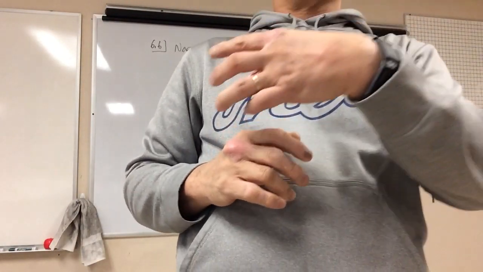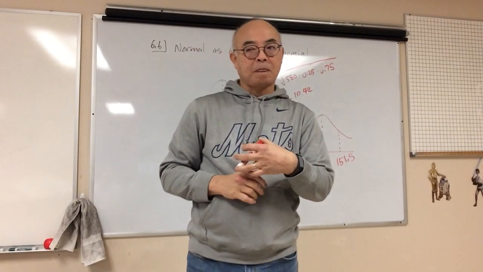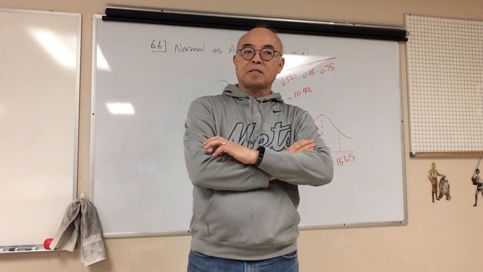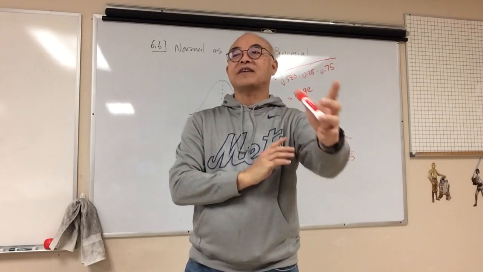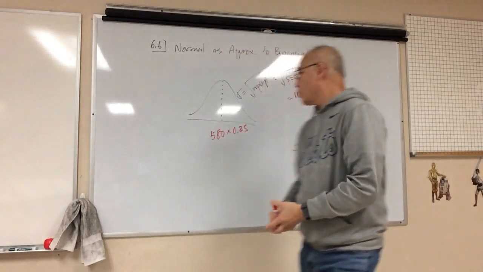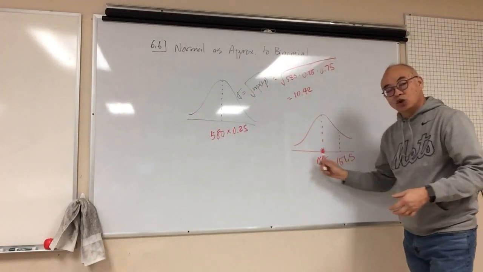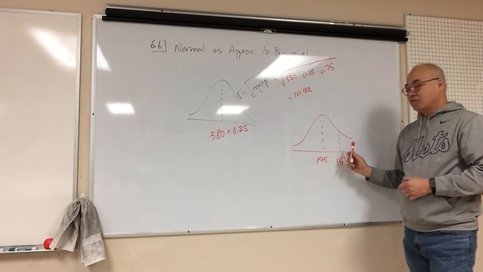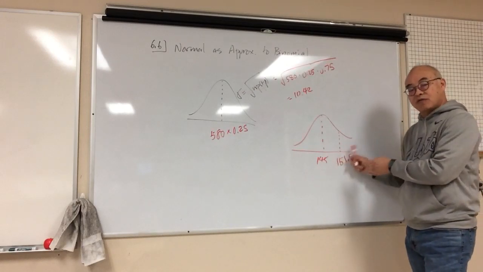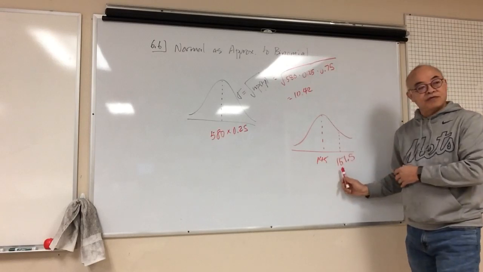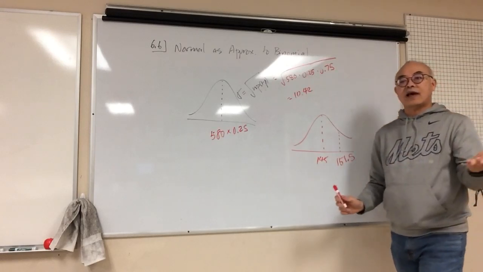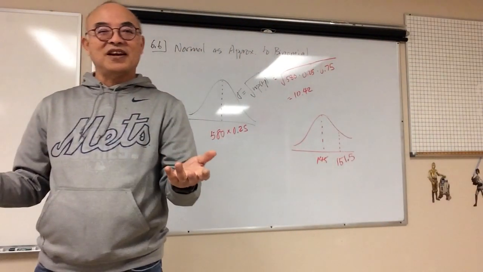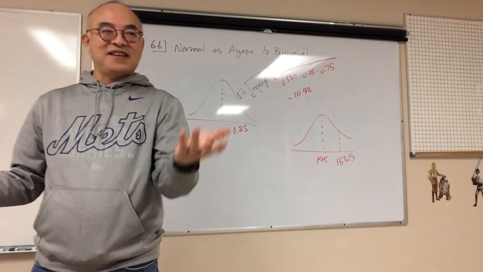When would you use the x plus 0.5 here? Can anybody tell me? Something like less than? Correct. When it's on the other side. So if you are looking for 152 and lower, you would go 152.5. When you're looking for higher, to make sure that the 152 is included, you would go 151.5. Exactly that. So it turns out it wasn't that big of a deal, but when you read it, it's like, oof, I have no idea what this guy's talking about.